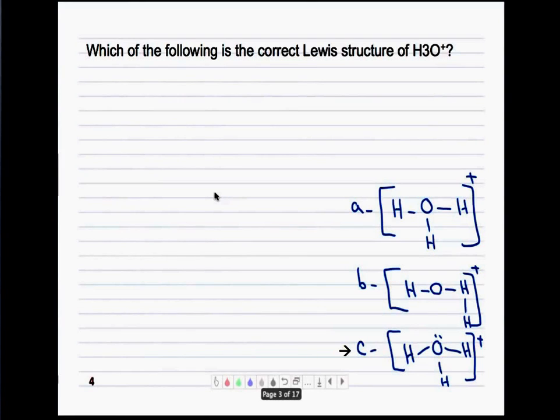Now, the total number of valence electrons. I have 3 hydrogens that belong to group 1, so each has 1 electron, plus oxygen belongs to group 6, so it has 6 valence electrons, and I have a plus, that means minus 1 electron. That's a total of 8 electrons. I have 1, 2, 3 bonds, each bond 2 electrons, minus 6 electrons in bonding.